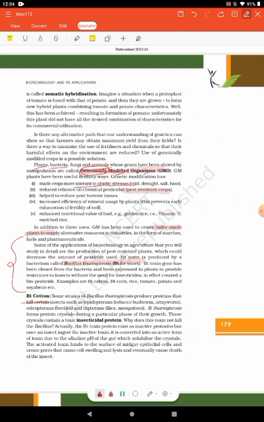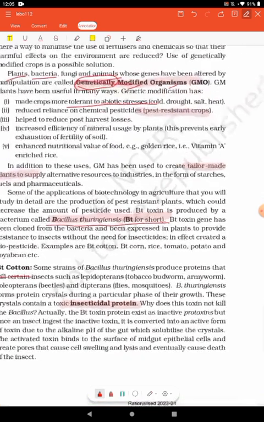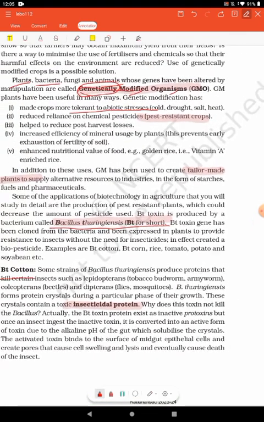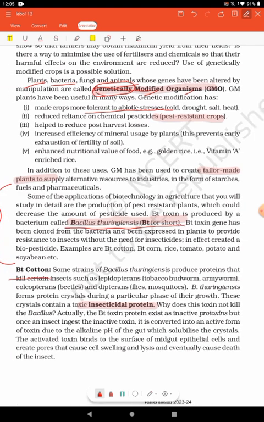The cry protein is an insecticidal protein, you have to remember the protein. The organism is very important. Bacillus thuringiensis is the organism from which this gene is taken, and it is incorporated in the gene of the cotton plant. What it does?